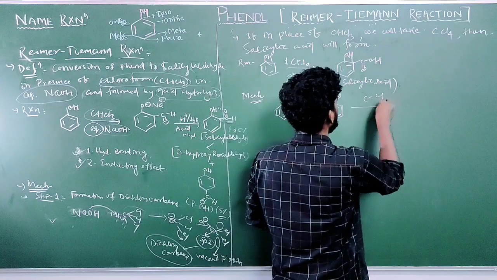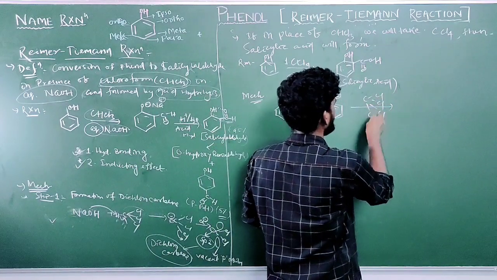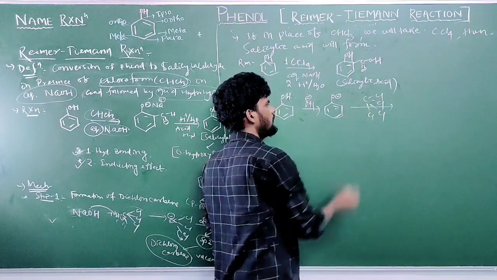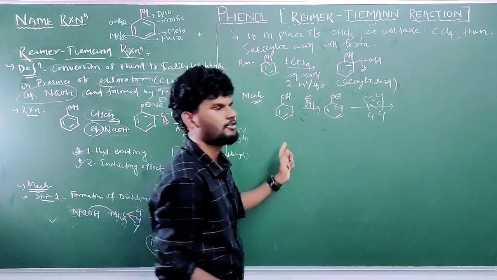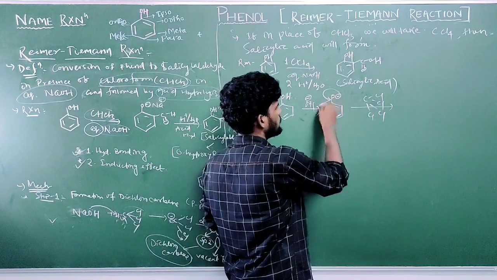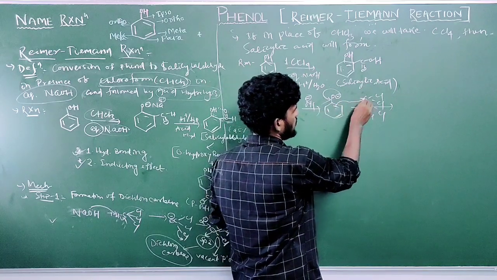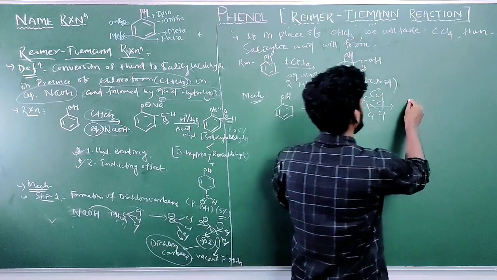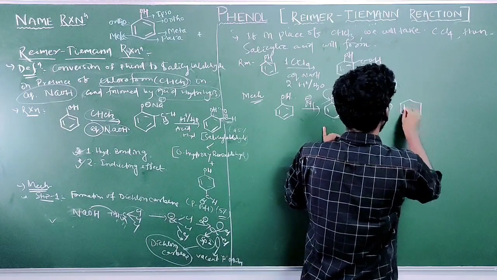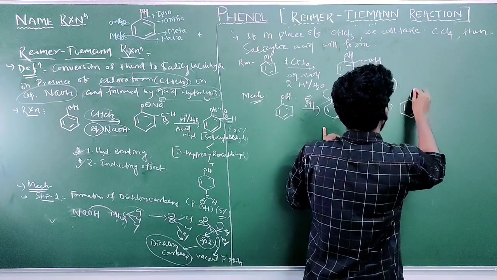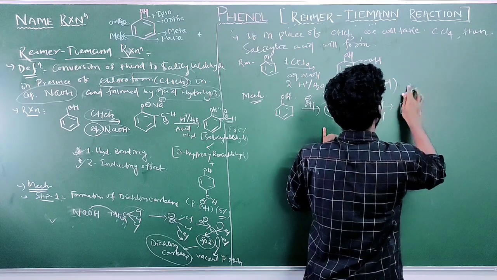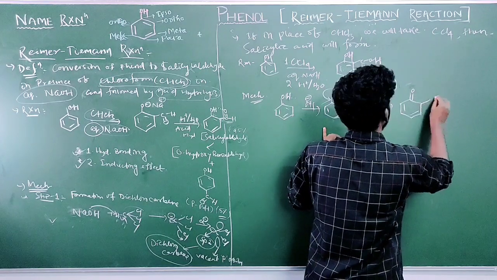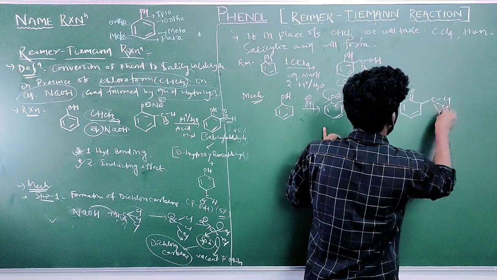This carbon is the electrophilic center and the aromatic ring is nucleophilic. So this negative charge moves over to the ring, the bond attacks the carbon, and one chloride ion leaves. It forms a structure with CCl3 attached.